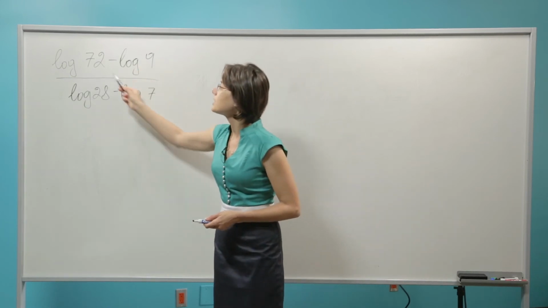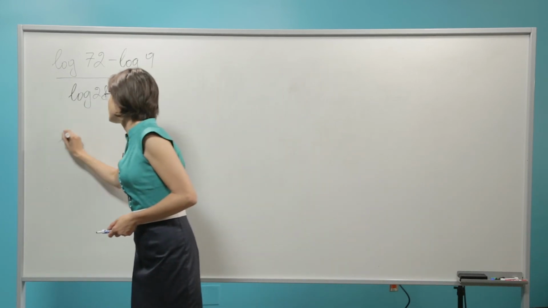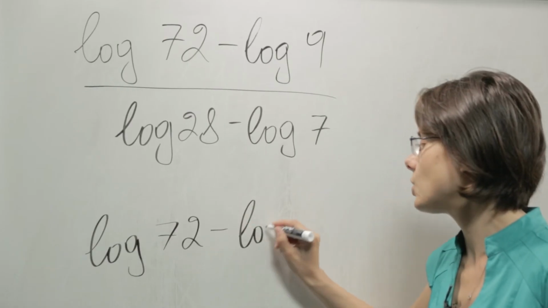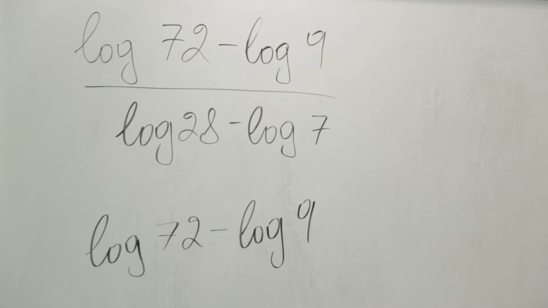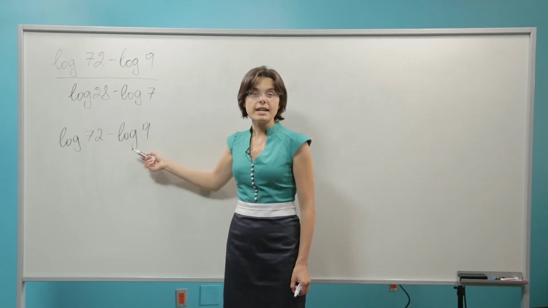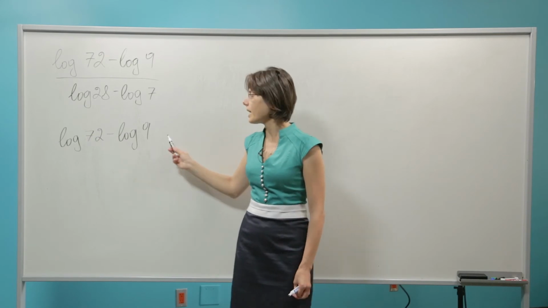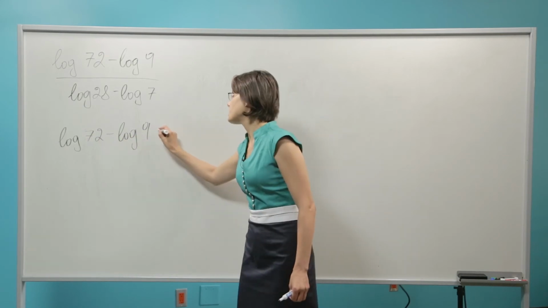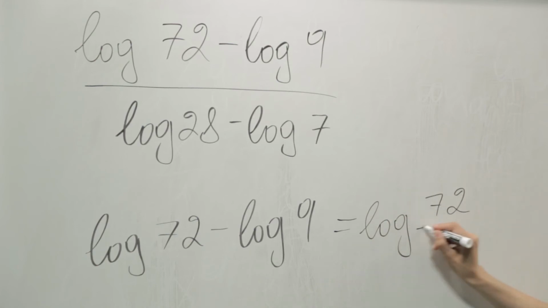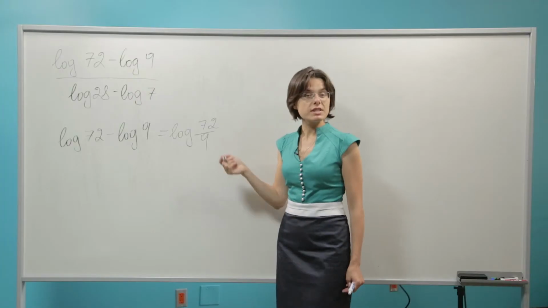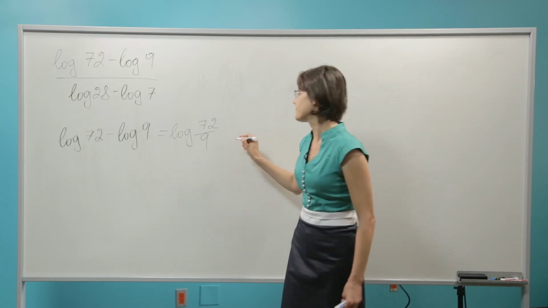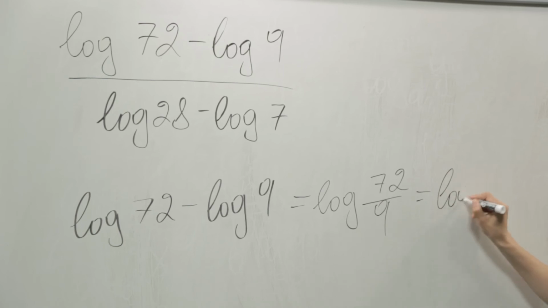First, let me consider the numerator. Logarithm of 72 minus logarithm of 9. Here I have a difference of logarithms, and I can write it using the law of logarithms as a division. So it will be the same as logarithm of 72 over 9, which I can simplify further to obtain that it's logarithm of 8.